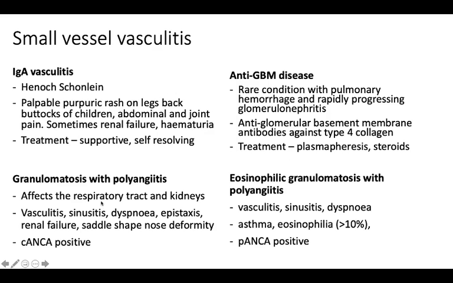But apart from this, you can also have vasculitis, you can have sinusitis, dyspnea, you might have epistaxis, so nosebleeds, you might have renal failure, which also you have in here, I guess. But you might also get a saddle-shaped nose deformity. So this thing always comes up in questions.